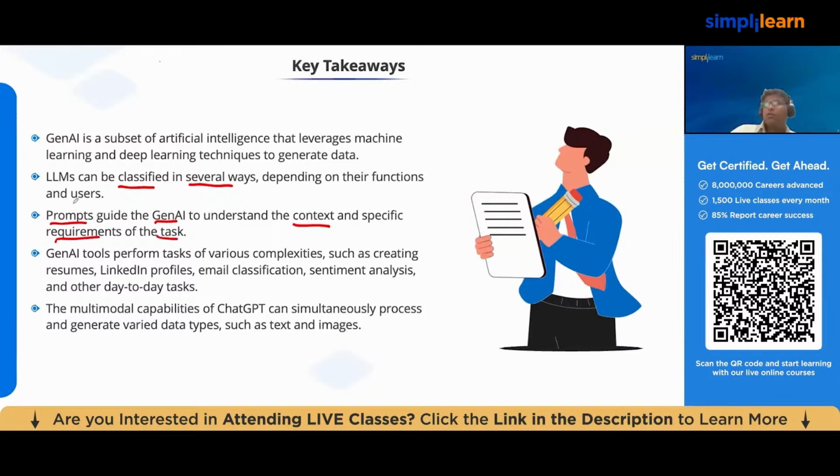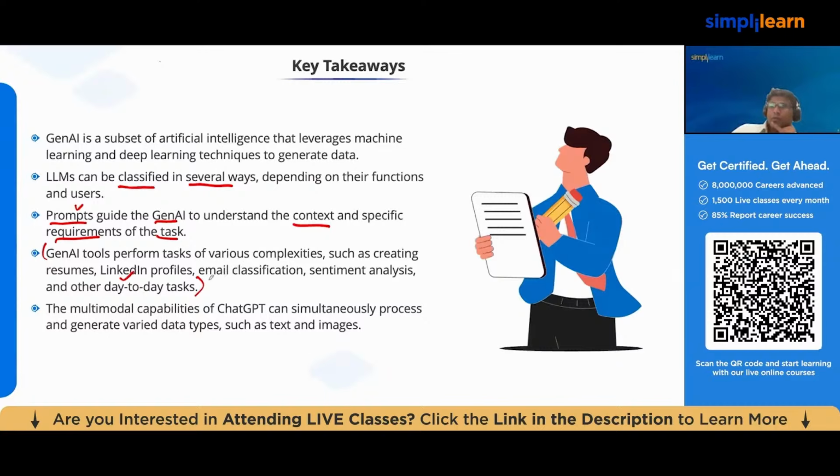We all know we talk to these LLMs or Gen AI by using our prompts. It also performs various tasks such as creating a resume, LinkedIn profile, email classification, sentiment analysis, and day-to-day tasks. We have clearly demonstrated how effective it is in creating our LinkedIn profiles, Instagram posts, messaging, or blogs.